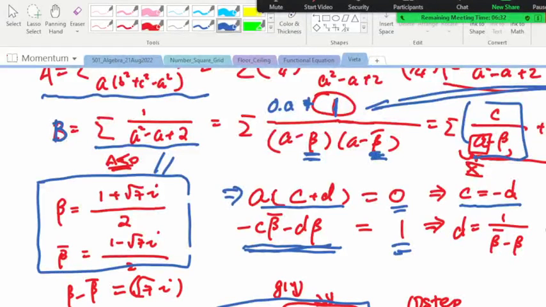So basically we can do 1 over (A minus beta) times (A minus beta conjugate). We can split them into C over (A minus beta) plus D over (A minus beta conjugate), and C and D are constant coefficients. Do you agree with me here, Jonathan? C and D are constant, right?